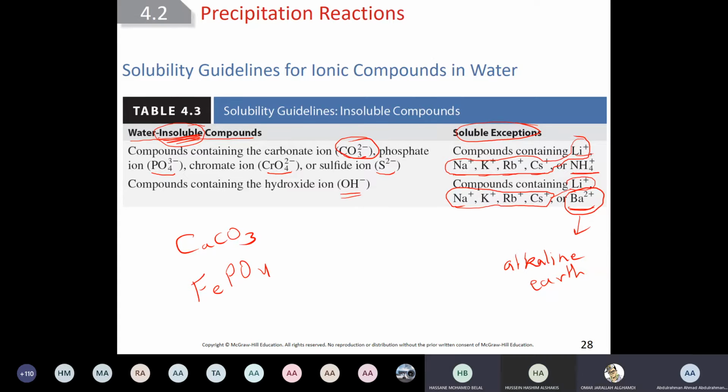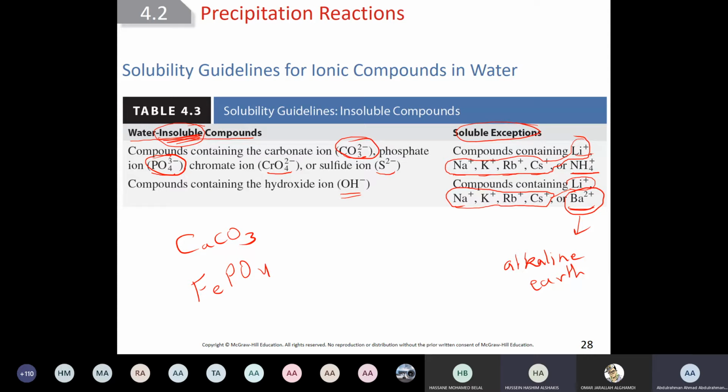Iron(III) phosphate. Is this soluble in water? No. Why? It contains phosphate. Iron is not on the table. Clear? All right.